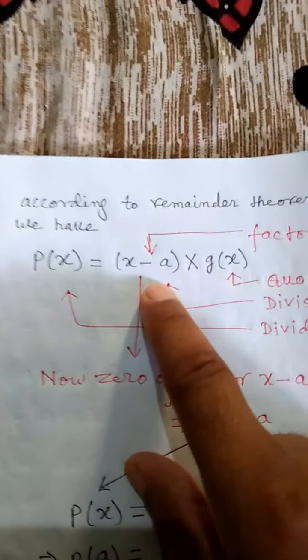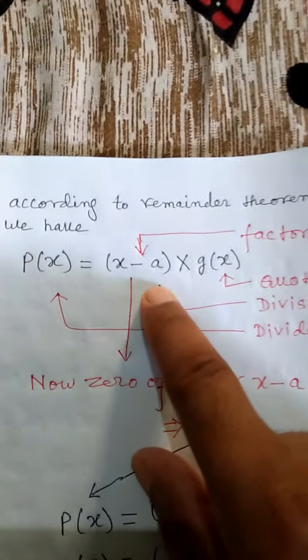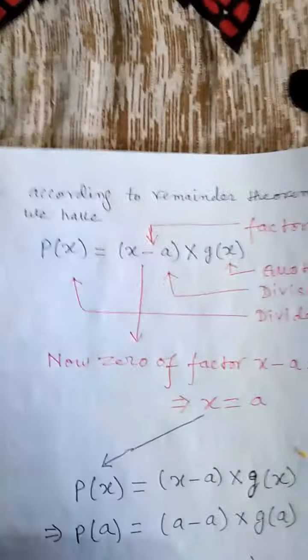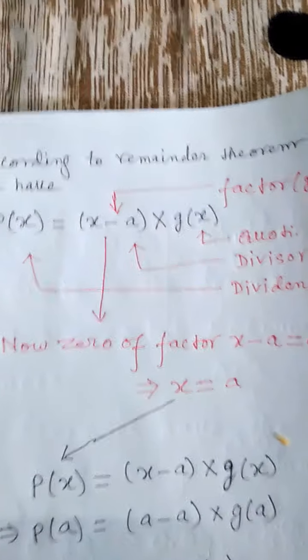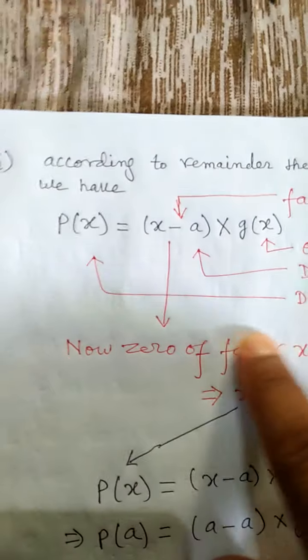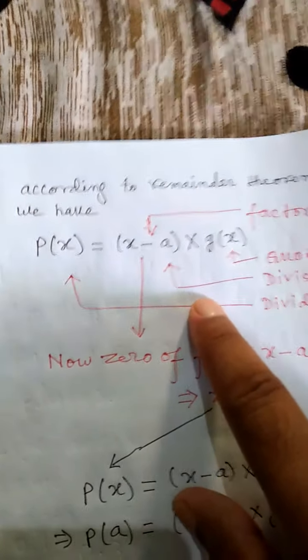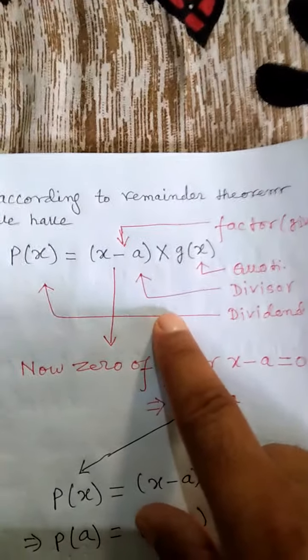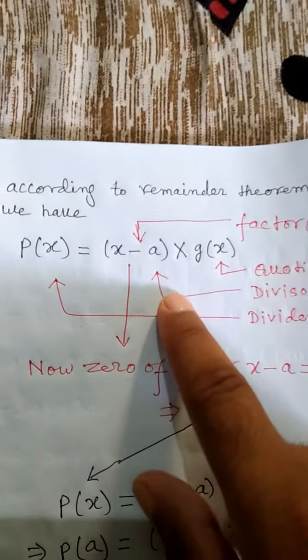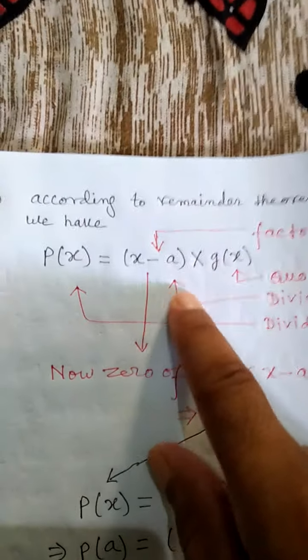Otherwise, it is divisor here. Try to divide it and find so that its remainder is 0. We need to find its zeros.